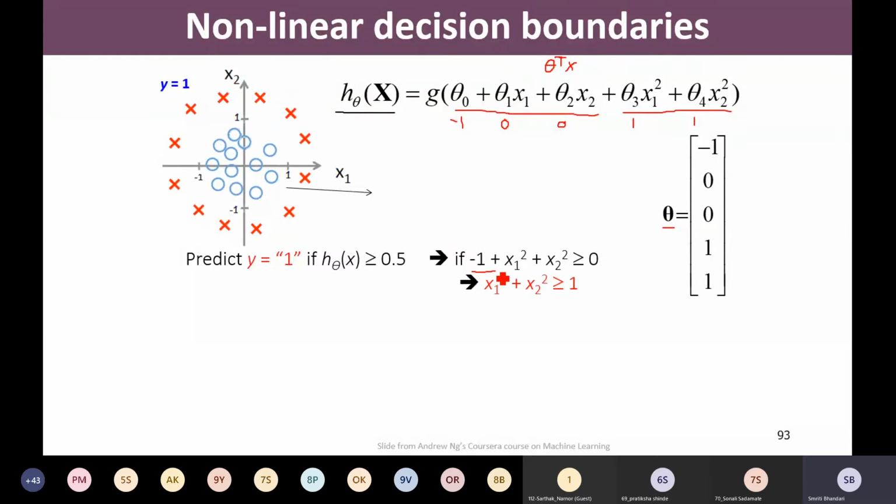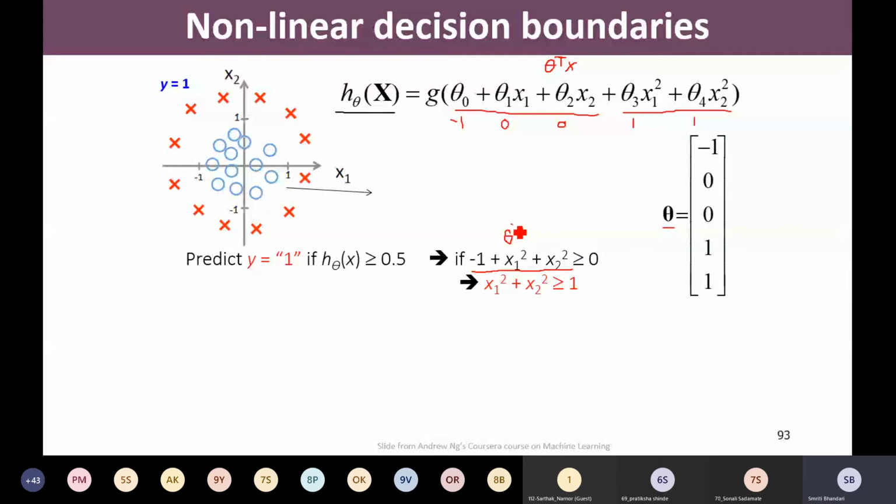So what is my theta transpose x? It is -1, then the two zero terms vanish, so -1 plus x1 square plus x2 square is my theta transpose x.